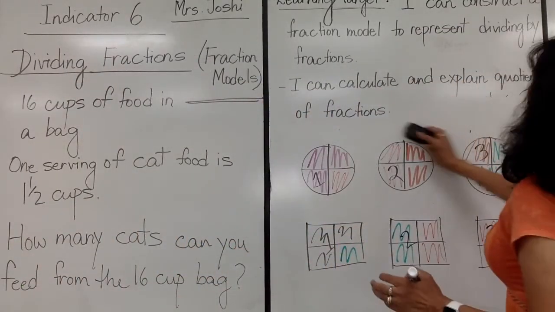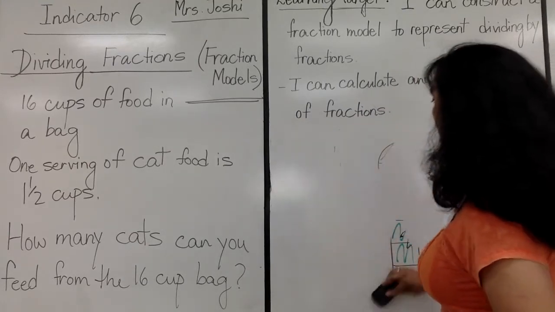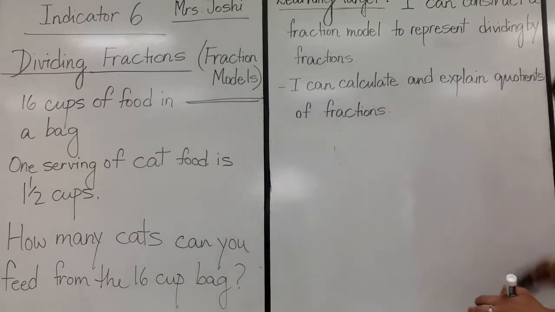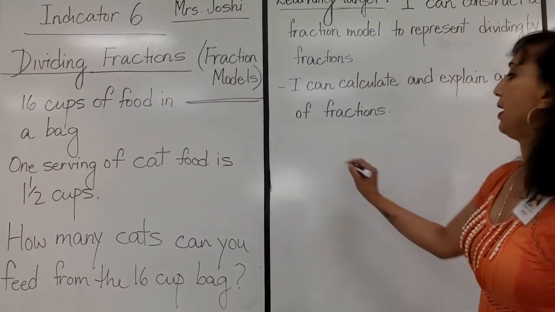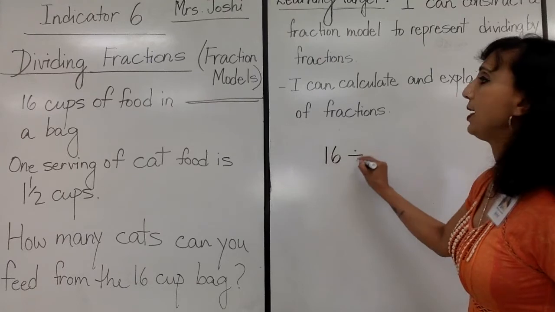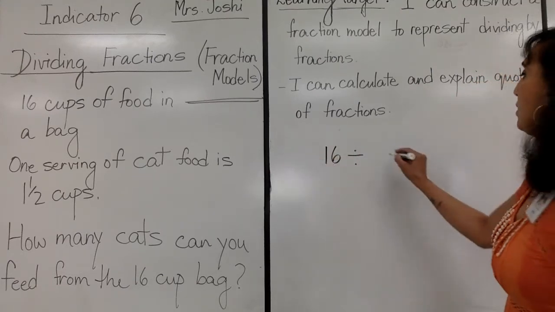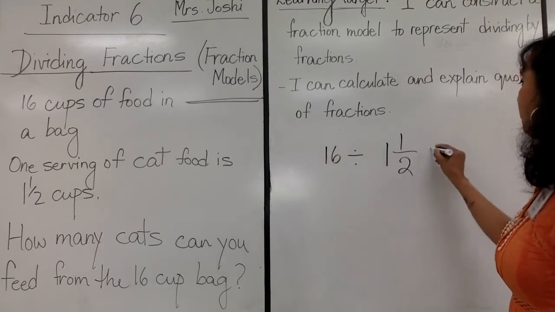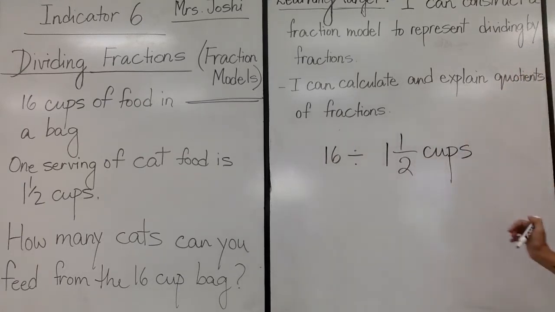Okay? So if I have a question like this, you can go ahead and do the division. You're welcome to do the model version if you like, but since you know division, you can straight up do 16 cups, that is my whole number, divided by 1 serving of cat food, which is 1 1/2 cups, because we're trying to see how many cats can be fed.